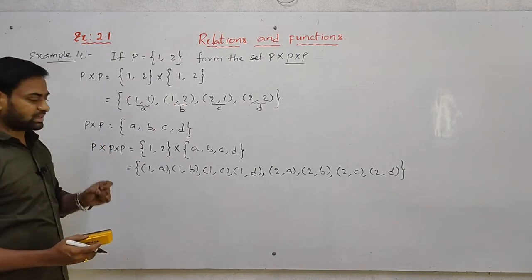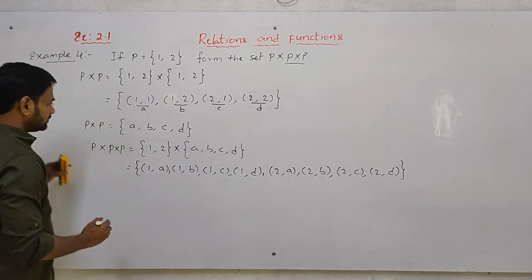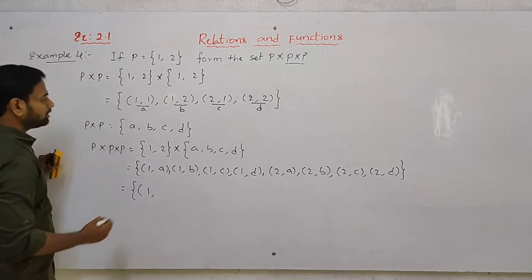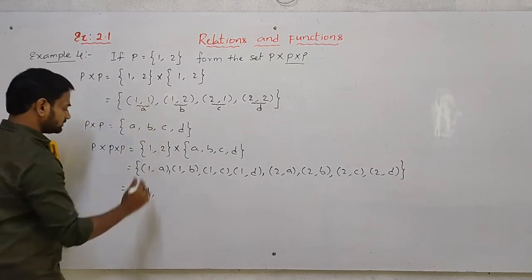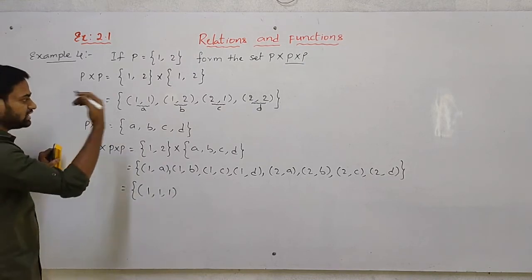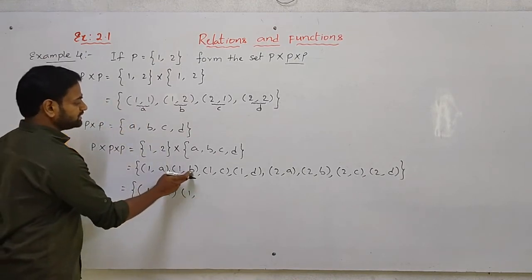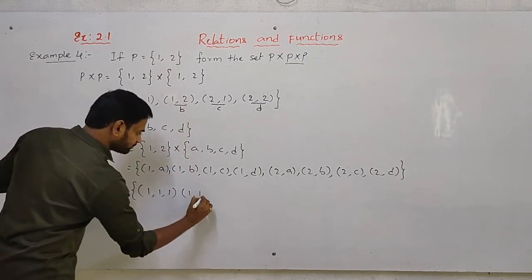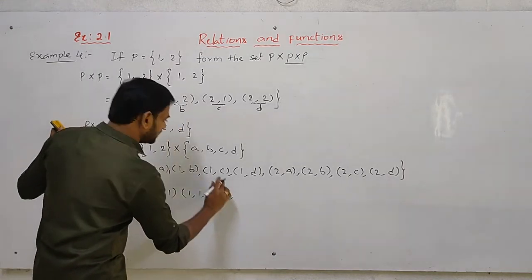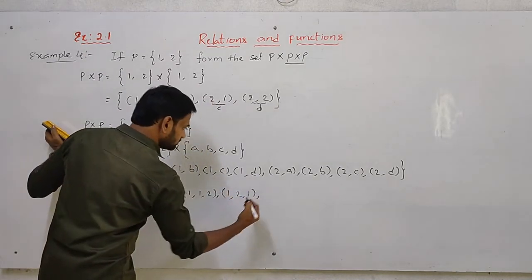Now we have to substitute A value, B value, C value, D value. Now see. That is 1, what is the A? A is (1, 1). So in place of A, write the A value. Next 1, what is the B? (1, 2). Next 1, what is the C? (2, 1). Complete.